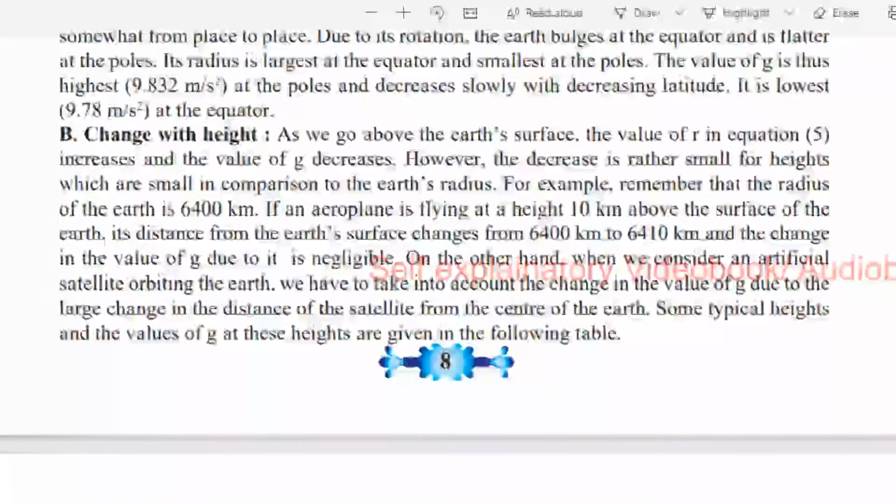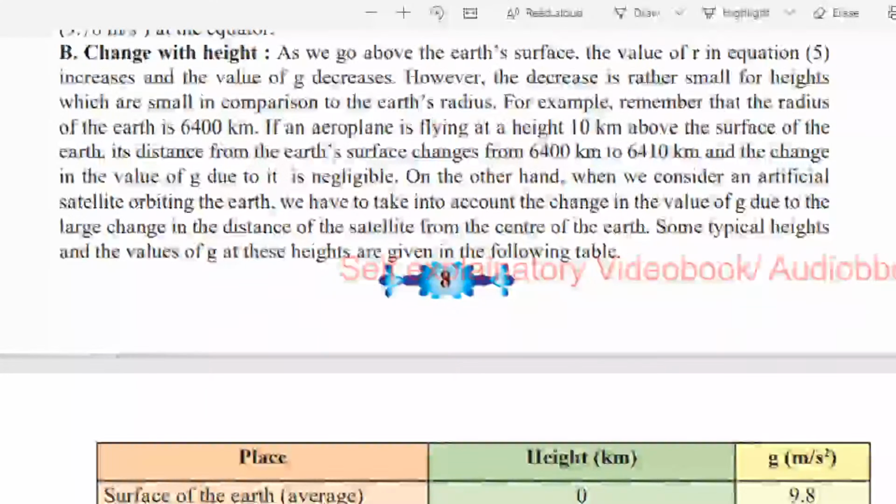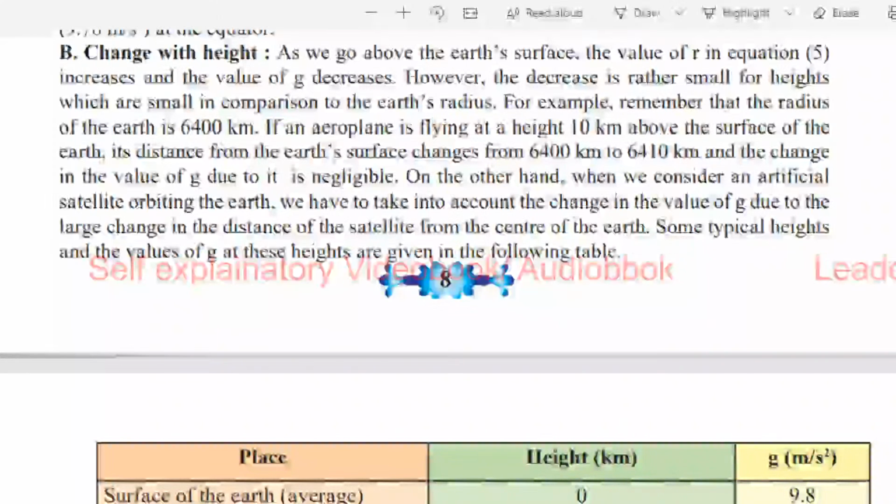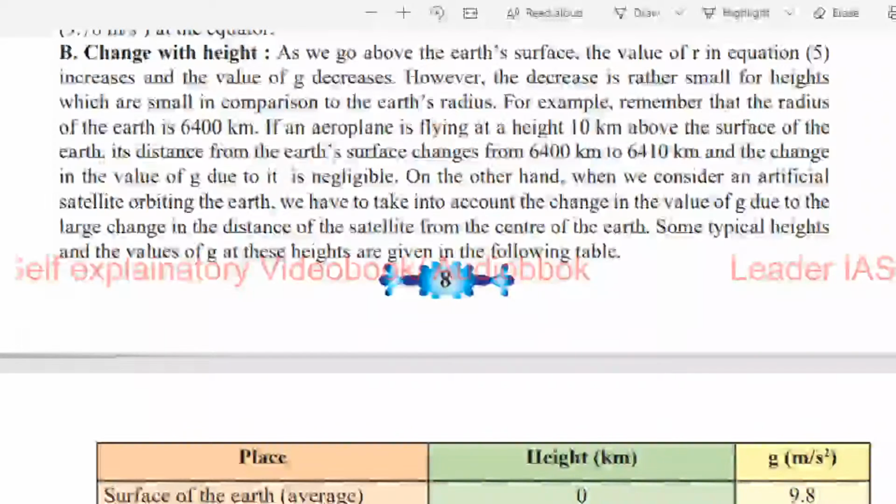B. The change with the height. As we go above the Earth's surface, the value of small r in equation 5 increases and the value of small g decreases. However, the decrease is rather small for heights which are small in comparison to Earth's radius. For example, remember that the radius of the Earth is 6,400 km.